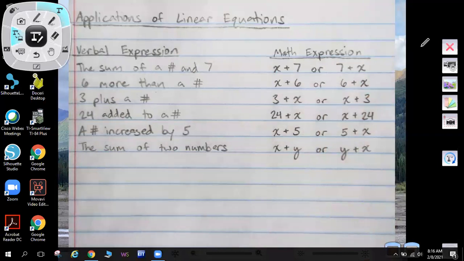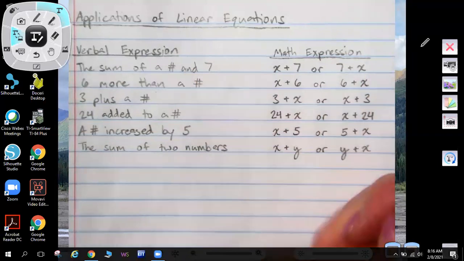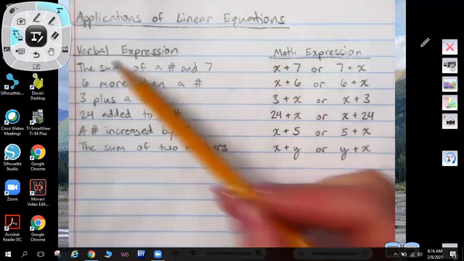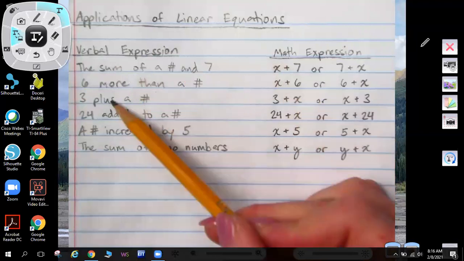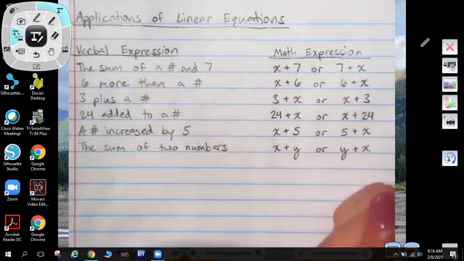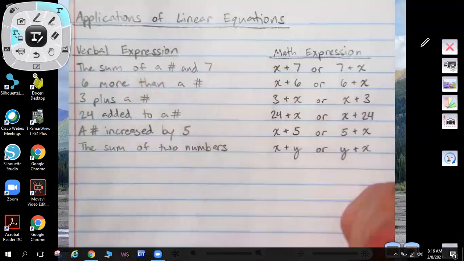Okay, that takes care of all of the different ways addition can be verbalized. Anytime you see the sum, 6 more, plus, obviously, that should be a dead giveaway to use addition. Added should also be pretty easy to figure out. Increased and sum again. All of those mean addition.